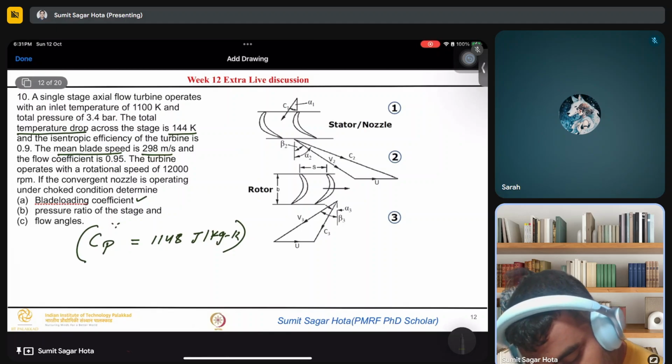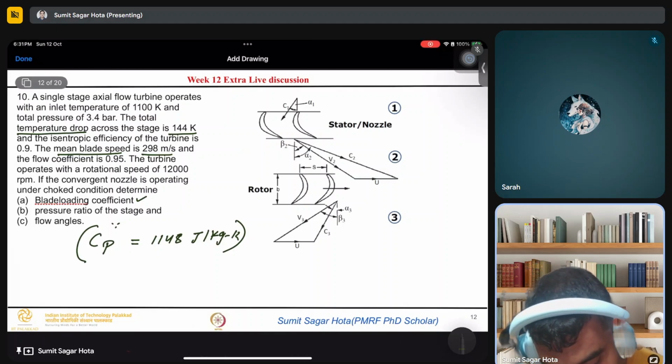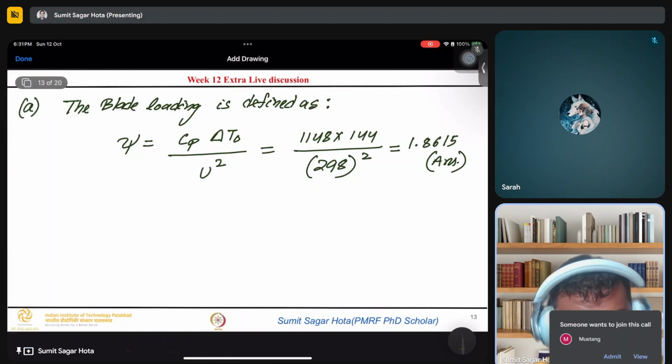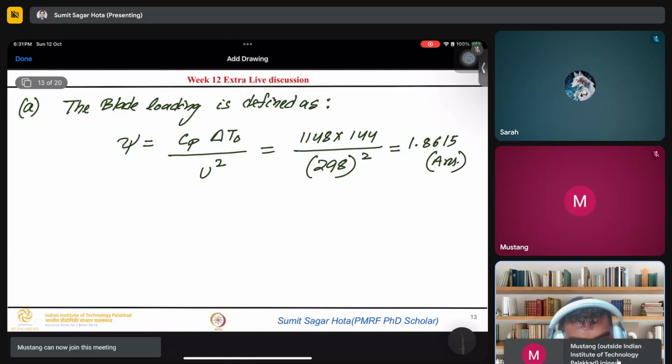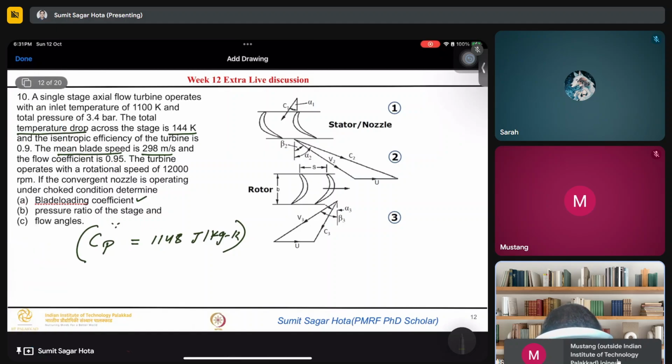So the next question is the pressure ratio of the stage. Okay, so in this question we need to find out the pressure ratio of the stage.